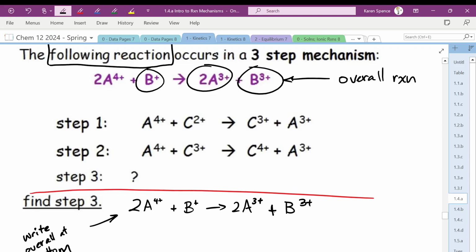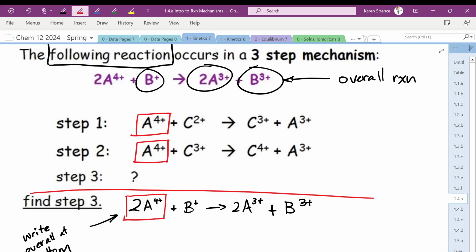Then what we're going to do is we're going to say, what do we actually have that we want to keep for the overall reaction? Well, for the overall reaction, we need to keep 2A4 pluses. Do we have 2A4 pluses? We do. We have one here, and we have one here. Okay. So we don't need to do anything with those A4 pluses.